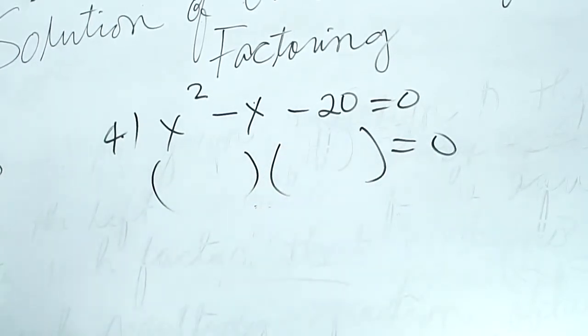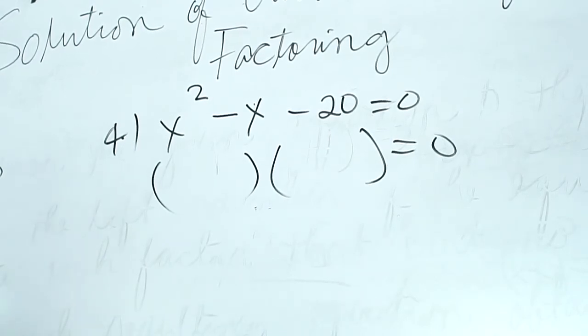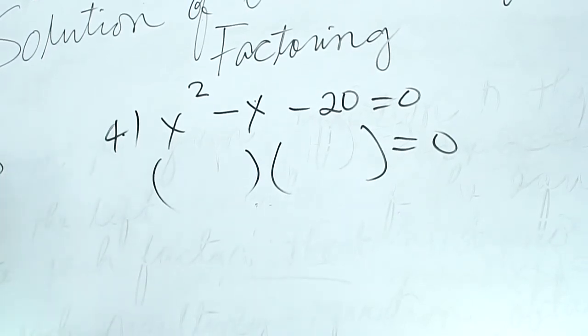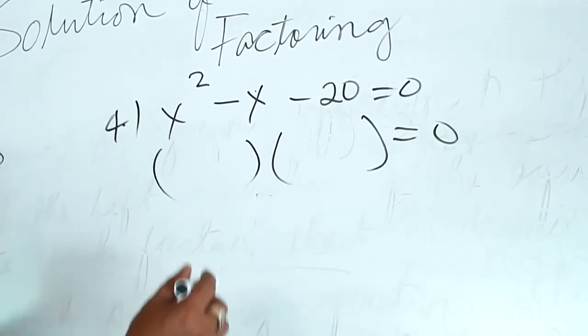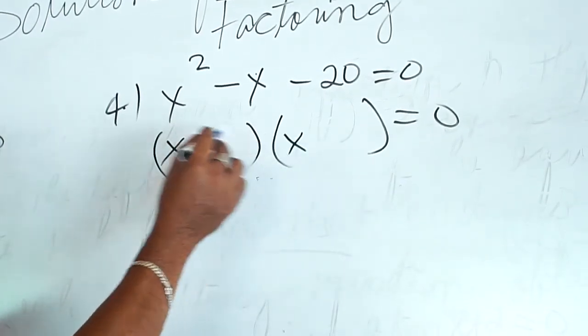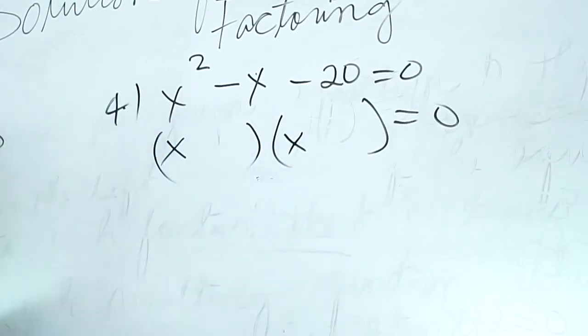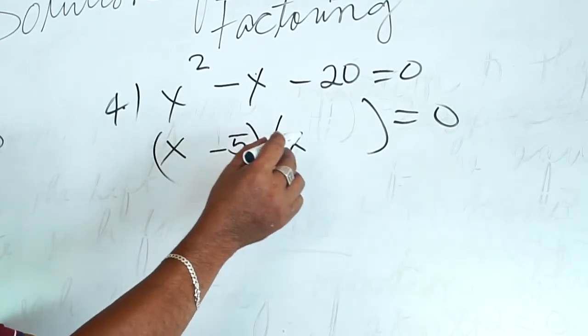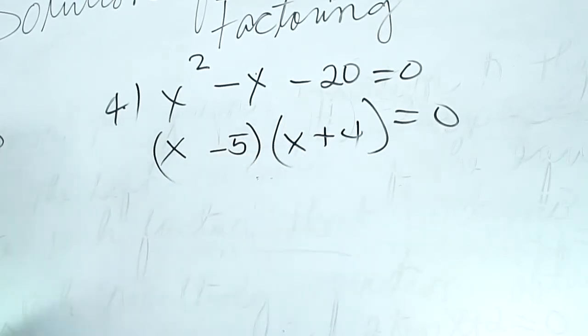Find the two factors of negative 20 whose sum is negative 1. So that is x and x, the factors of x squared. Then we have negative 5 and positive 4.